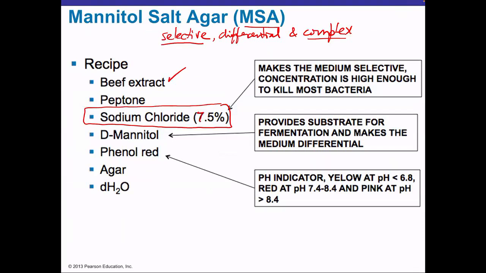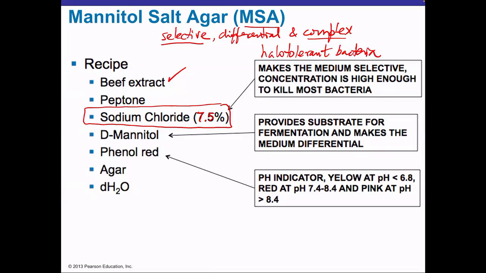So this is giving the medium a high osmolarity. It's going to make this environment hyperosmolar. And you could imagine that if the medium is hyperosmolar, then only microorganisms that can withstand this harsh condition will be able to grow there. It is generally used for the selection of halotolerant bacteria.